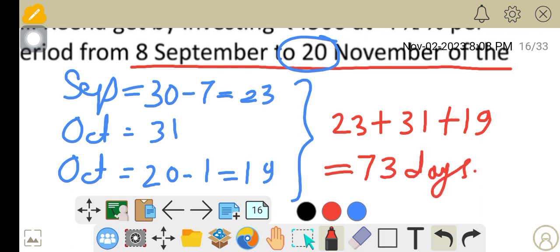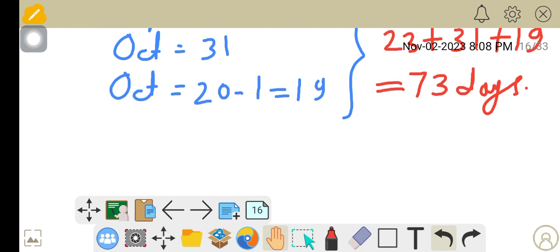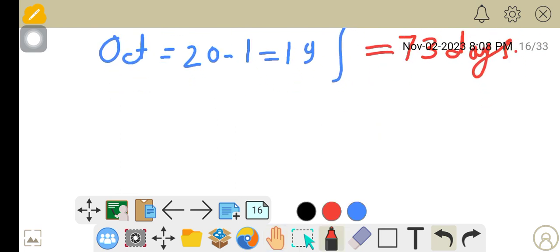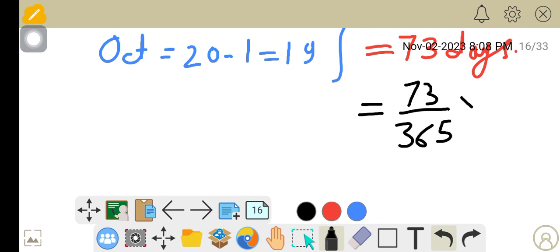But we need time duration in the form of years, so we need to convert it. 73 days can be written as 73 divided by 365 years, because there are 365 days in a year, so we can divide and convert it in years.